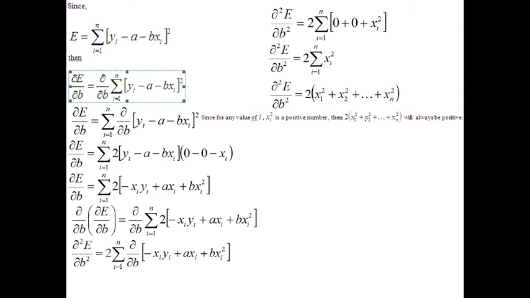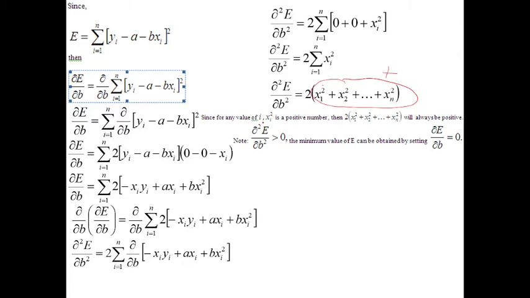Then, 2 times x sub 1 squared plus x sub 2 squared, and so forth, will always be positive. Dahil positive siya, greater than 0, E is a minimum.